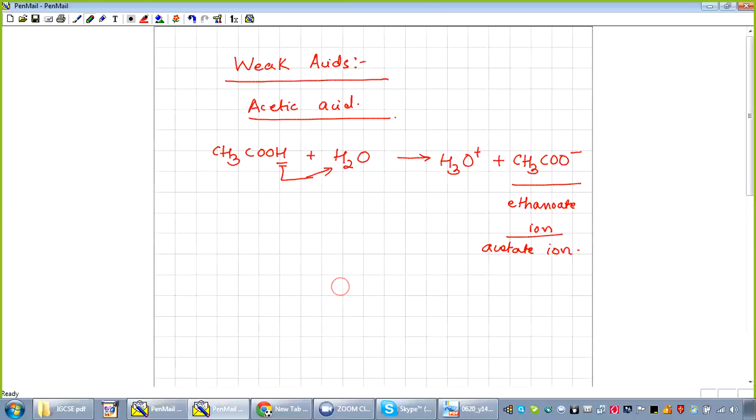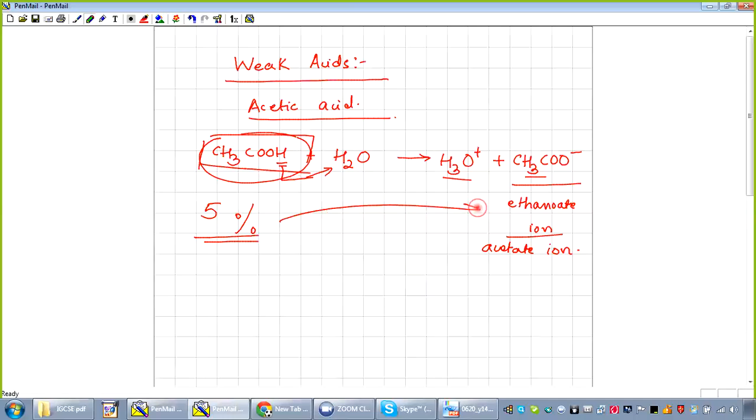But here you see, in case of acetic acid, that is ethanoic acid, the percentage of separation, that is the formation of hydronium ion, is almost to the extent of 5%. Means most of them, 95% of them are going to remain as whole molecule only. They are not going to separate out. While only 5% of them are going to give you all this. So such acid is going to be a weak acid.